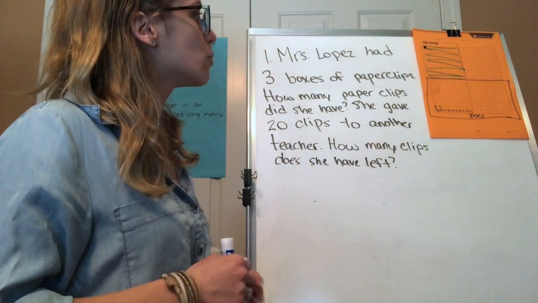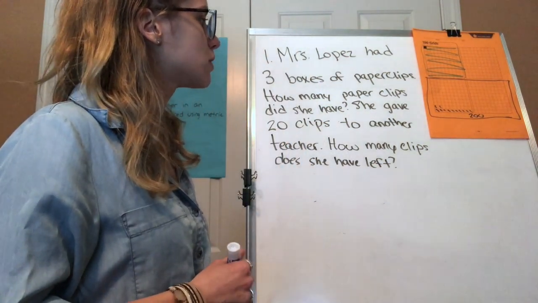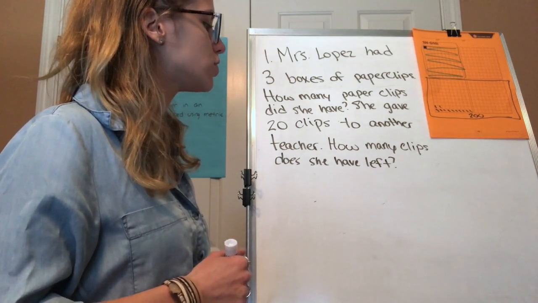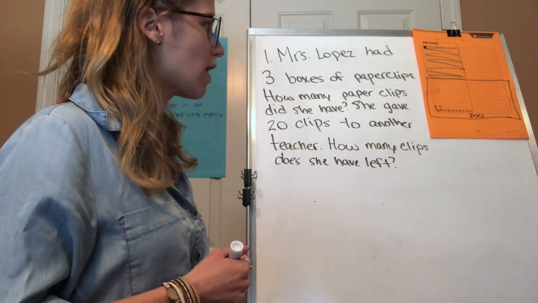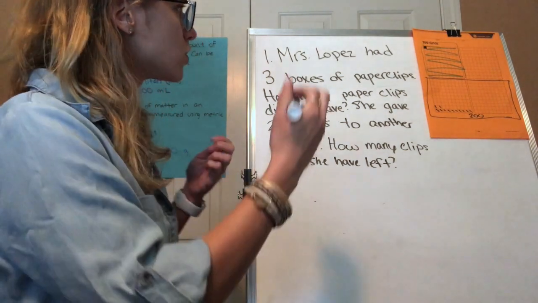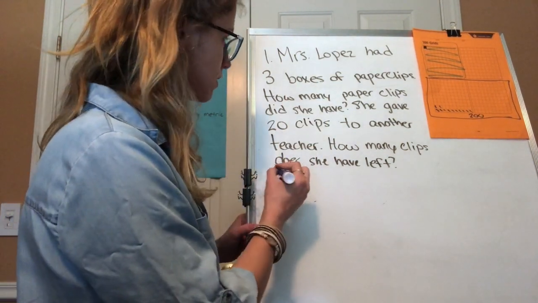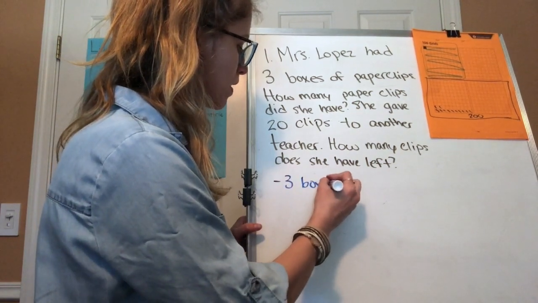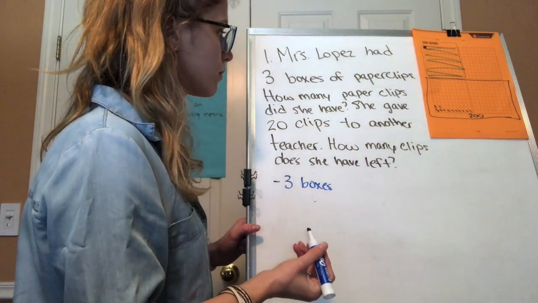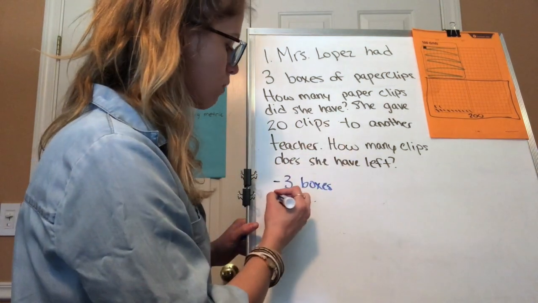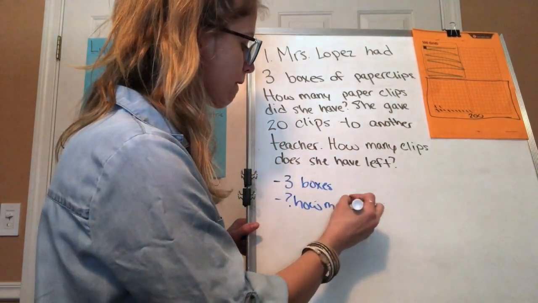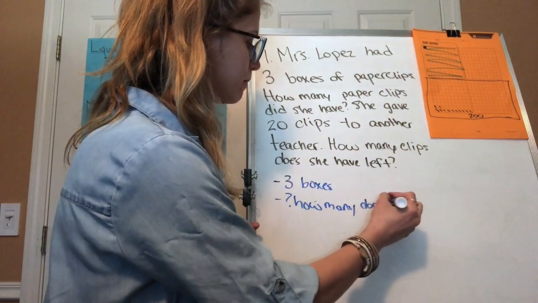It says Mrs. Lopez had 3 boxes of paper clips. How many paper clips did she have? She gave 20 clips to another teacher. How many clips does she have left? So it says that Mrs. Lopez had 3 boxes of paper clips. We're now wondering, how many does she have?